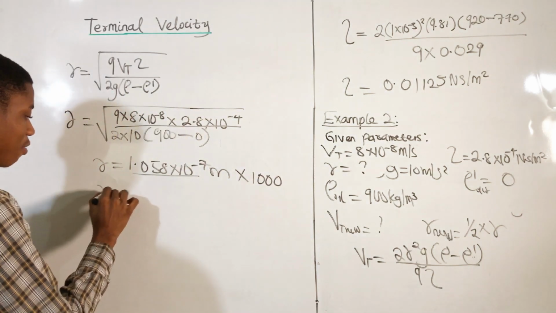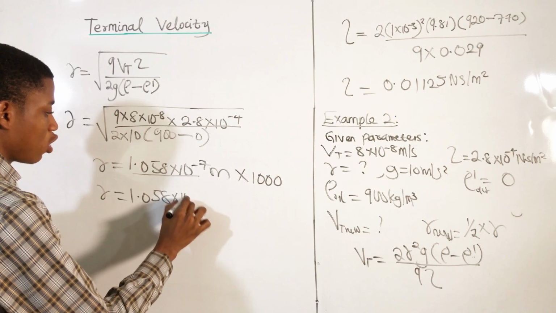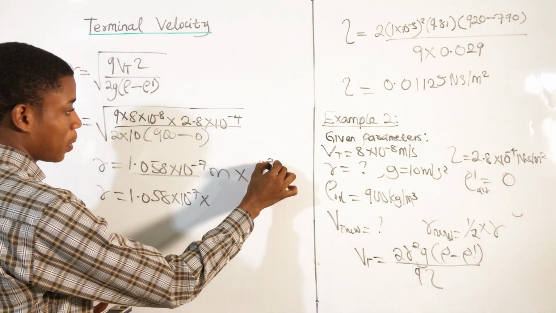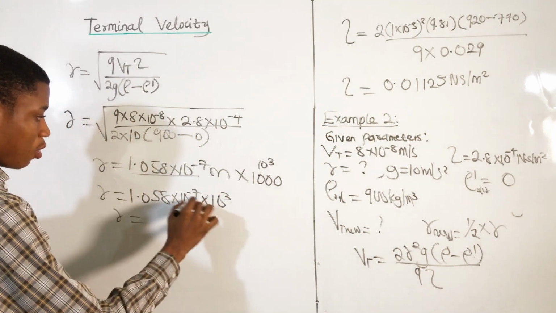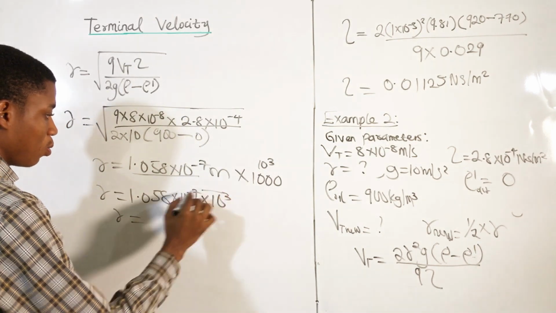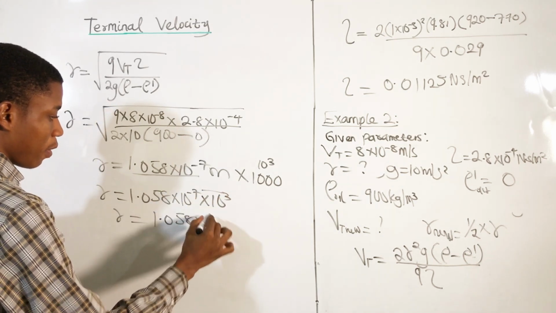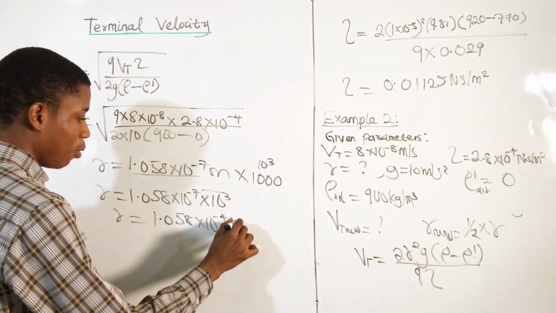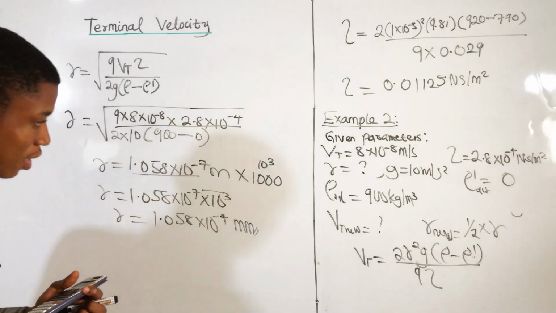So the radius is equal to 1.058 multiplied by 10 raised to the power negative 7, times 10 raised to the power 3. Of course, we add the powers between these two, so we have 1.058 times 10 raised to the power negative 7 plus 3, negative 4 millimeters. So this is the radius of the oil in this case.